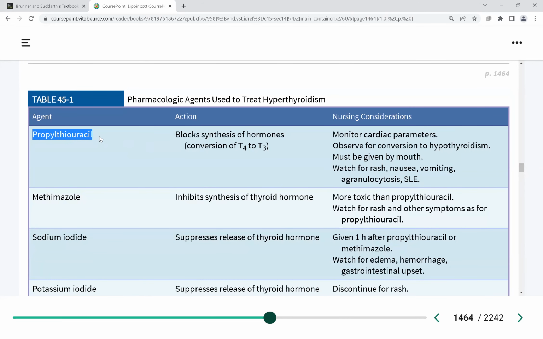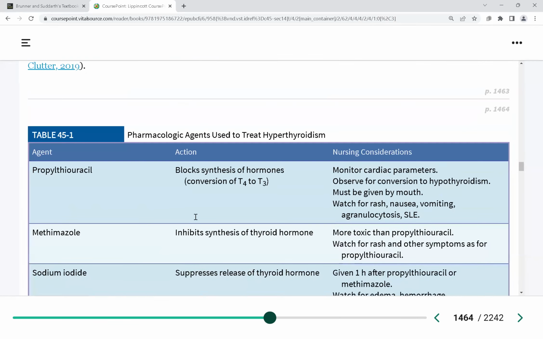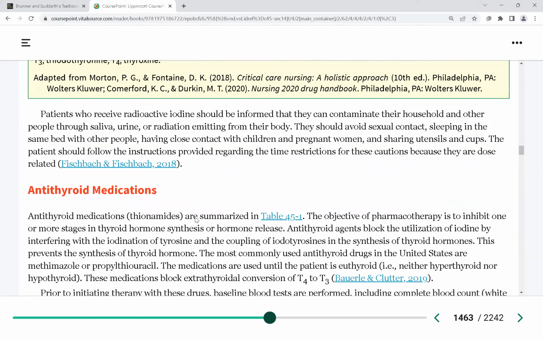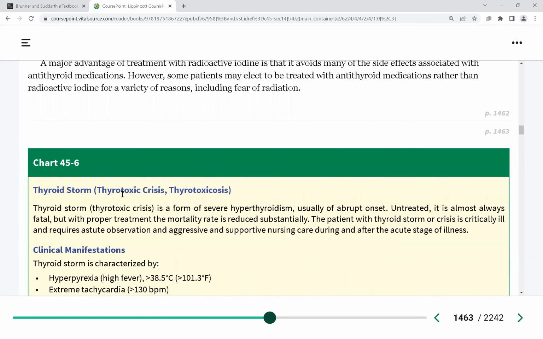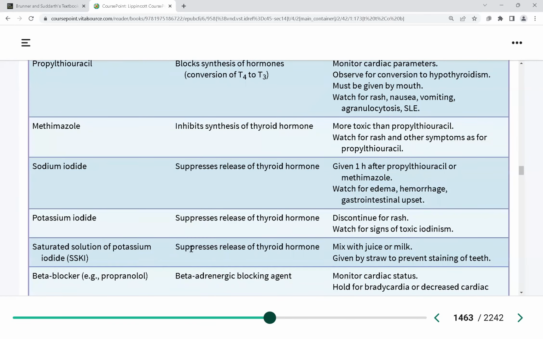You will give this 1 hour before the iodine, so they can bind. Right. Because if you give the iodine first, what will happen to the patient? Nothing, because it's not going to bind? No, they will go into thyroid storm. The patient will go into thyroid storm if you give them SSKI first, because this is iodine.